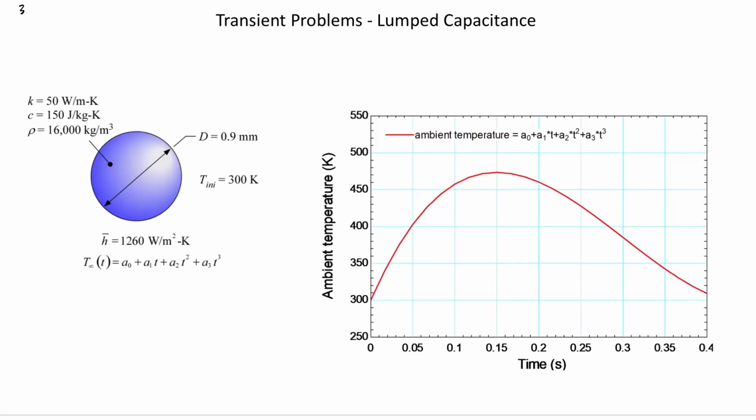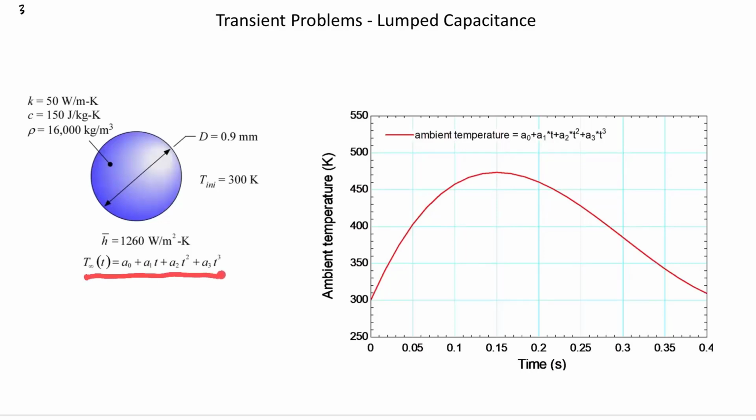It's initially at 300 degrees Kelvin. And you see the properties there. We've got conductivity, specific heat, which is now important, and density. Okay, and it's subject to some really high heat transfer coefficient. Maybe there's some really high conductivity fluid or something like that. And then the interesting thing here is we're now assuming that this is subject to a changing temperature.